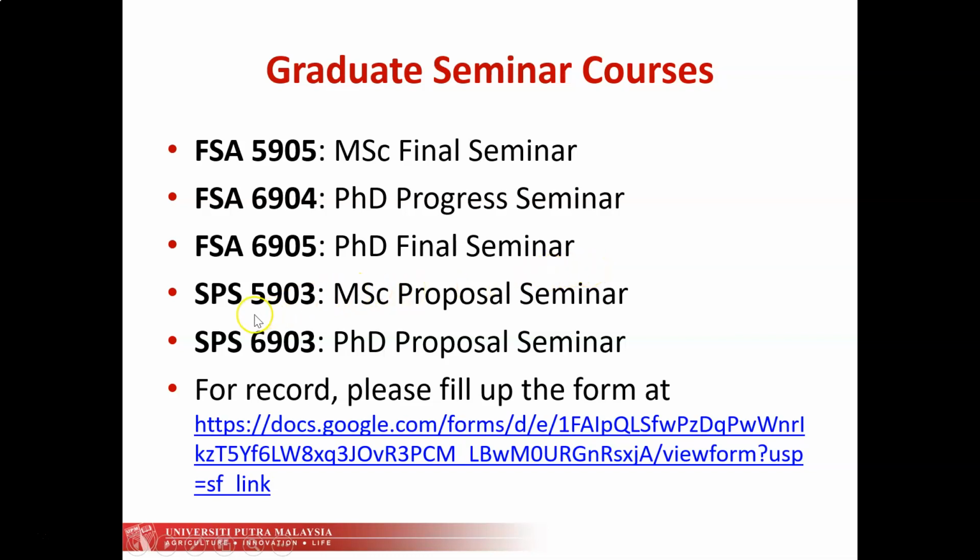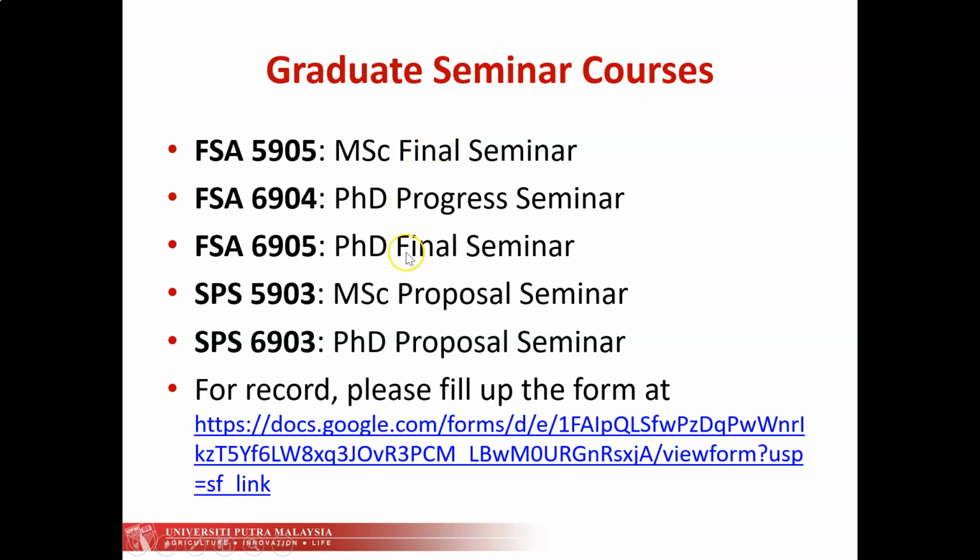Now there is another seminar with the code from the graduate school. SPS means the School of Graduate Studies. So you have 5903, which is the proposal seminar, and 6903 is for the PhD. Now all of these have different emphasis. The way you're supposed to conduct your seminar will be according to what it's meant to be.